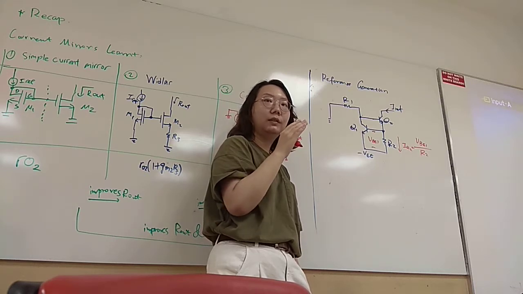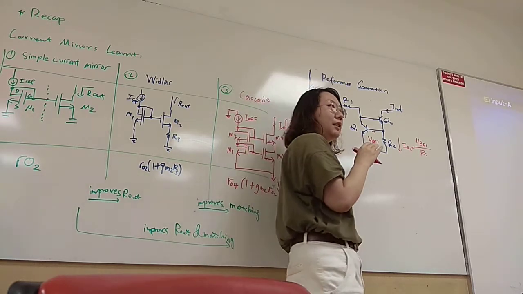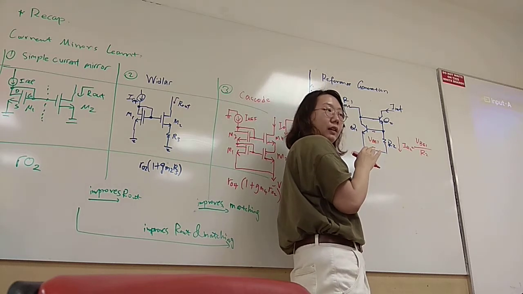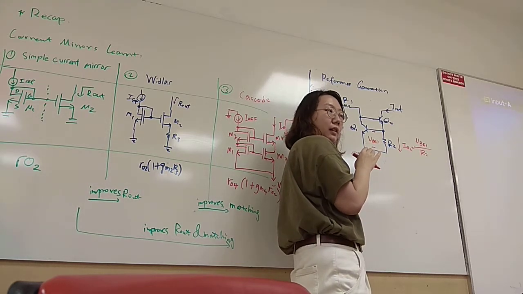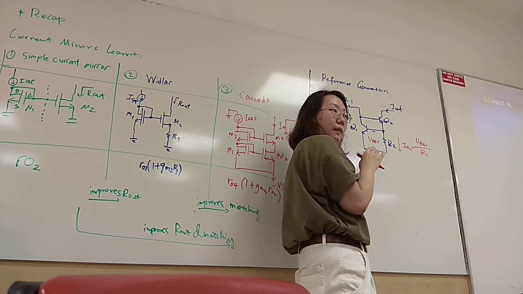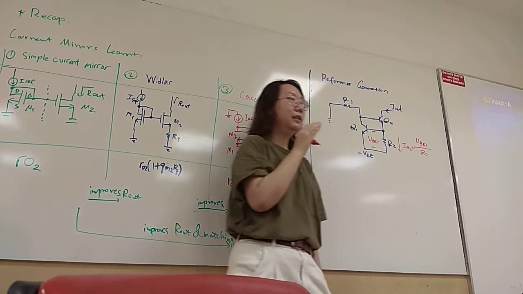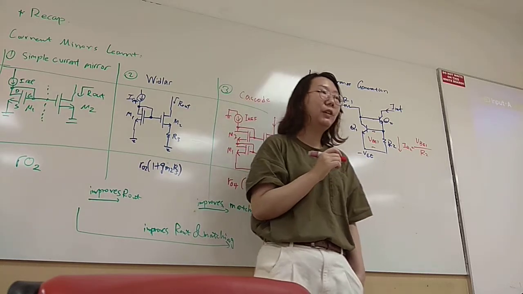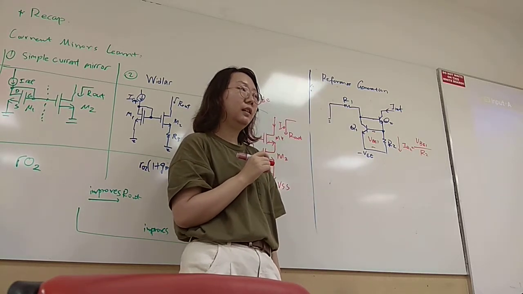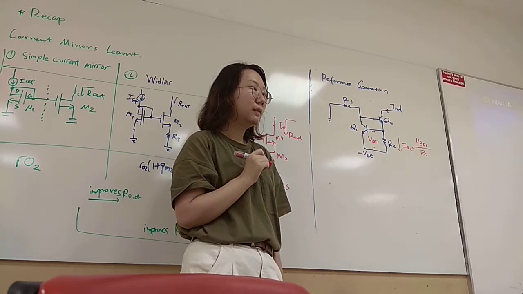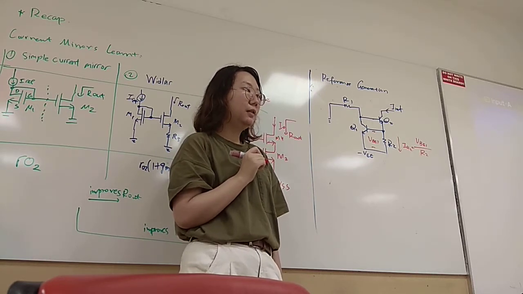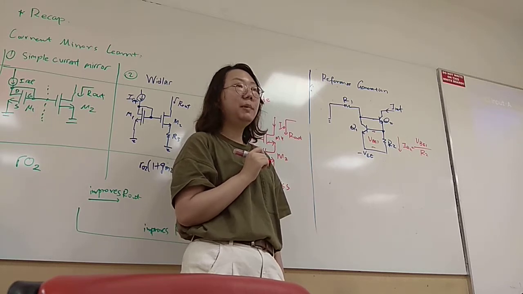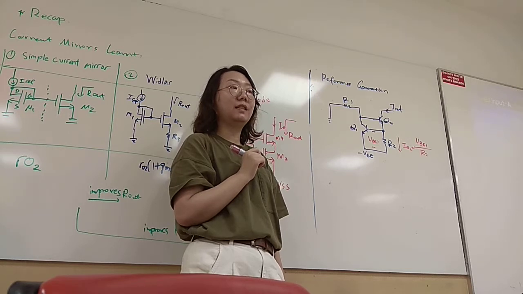Why, when beta is very large, is IB very small? IC, IB, IE, which one is the largest?